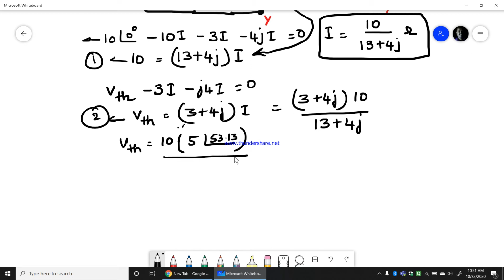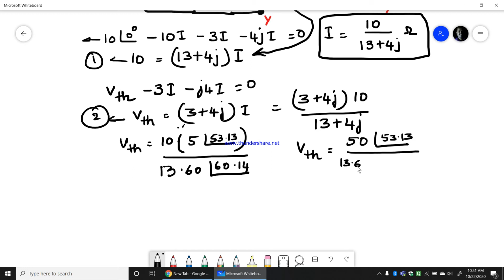divided by 13 plus 4j. Shift polar of 13, 4j will give me 13.60 at an angle 60.14. Therefore VTH would be equal to 50 at an angle 53.13 divided by 13.60 at an angle 60.14.